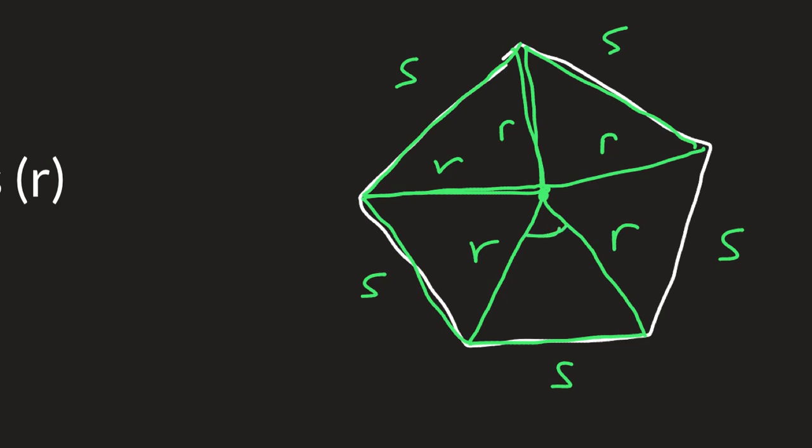Okay, so maybe you remember the formula to find the area of a triangle if you know 2 sides and an angle. Maybe you don't remember, but in case you do not, the area formula is 1/2 of the product of your 2 sides times the sine of the angle between them. So we can find the area of any one of these triangles by doing that formula.